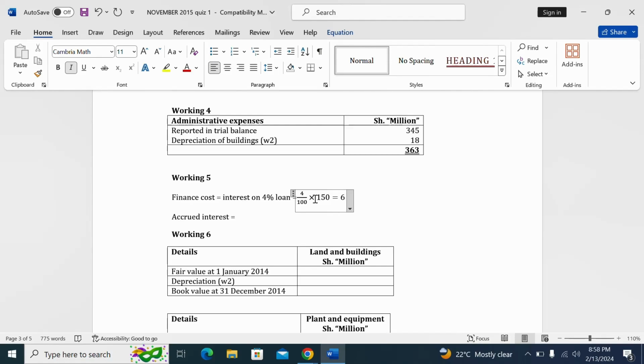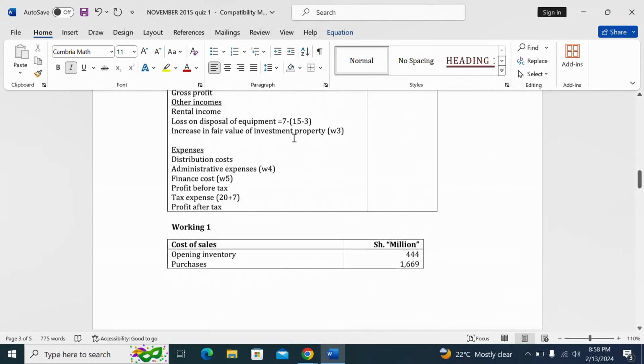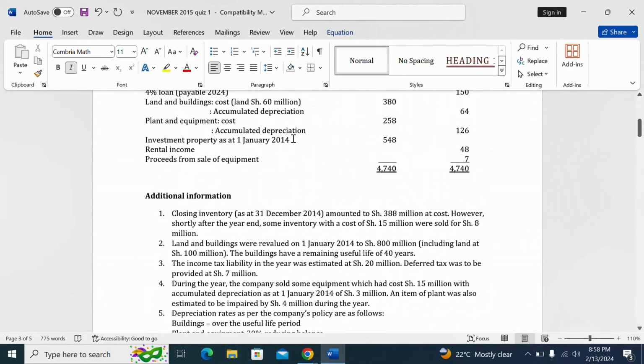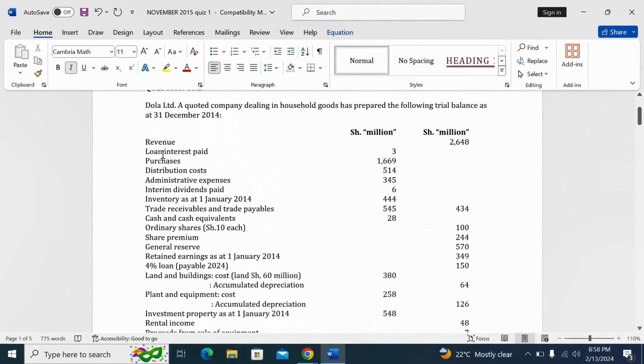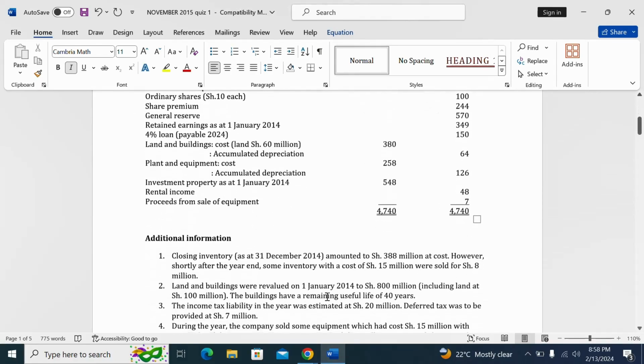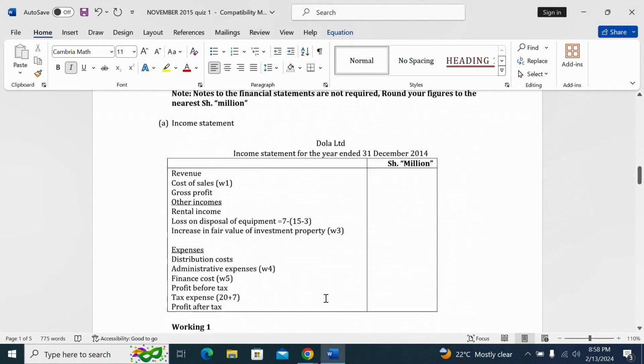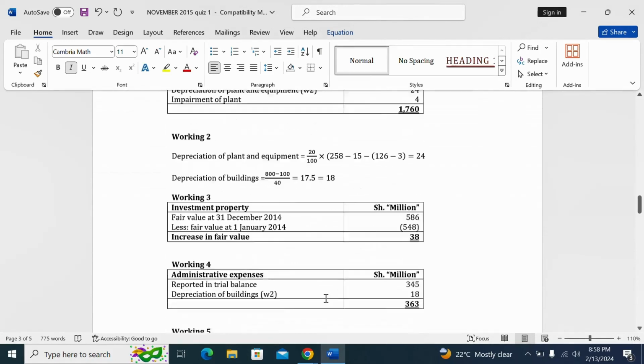But remember, in the trial balance you are also told loan interest paid is 3 million. It therefore means that this company did not pay the total finance cost.